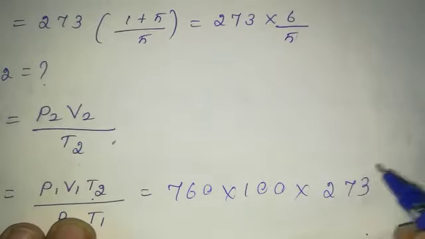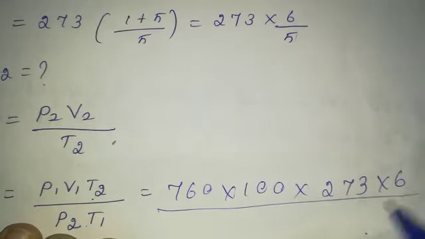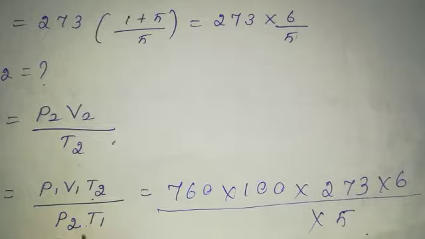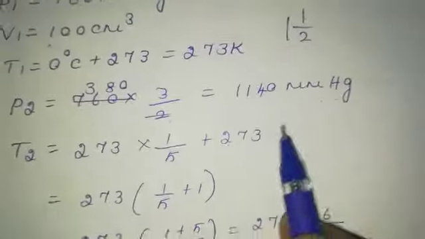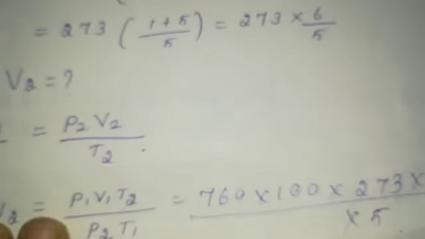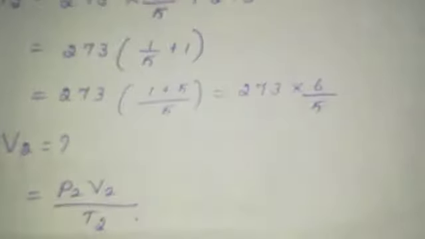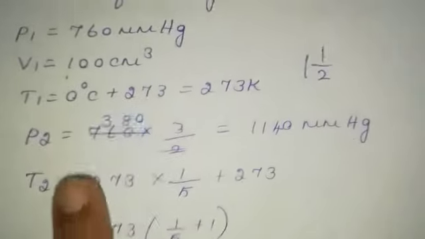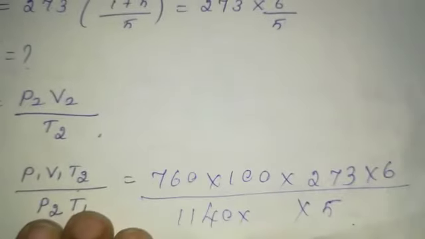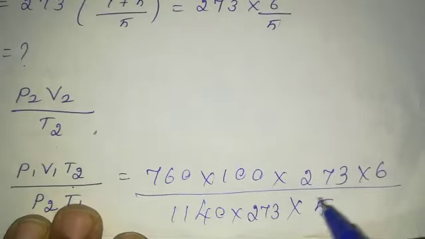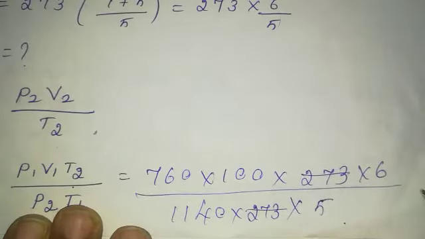Now the P2 value which we have taken here is 1140, so write 1140 into T1, and T1 is 273. Substitute 273 here. Cancel this one and cancel this 0. Then 5 goes 20 times, so you get 20 here.